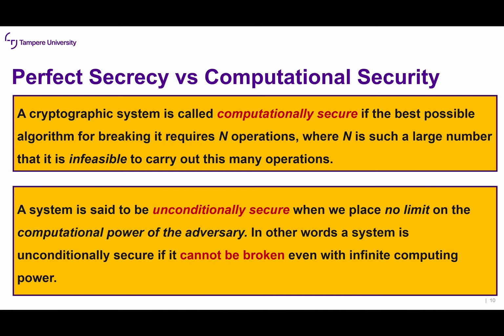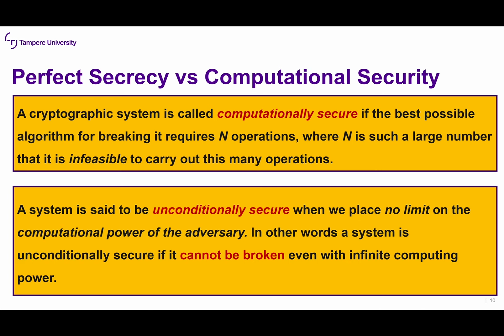So a system is said to be unconditionally secure when we place no limit on the computational power of the adversary. In other words, a system is unconditionally secure if it cannot be broken even with infinite computing power.